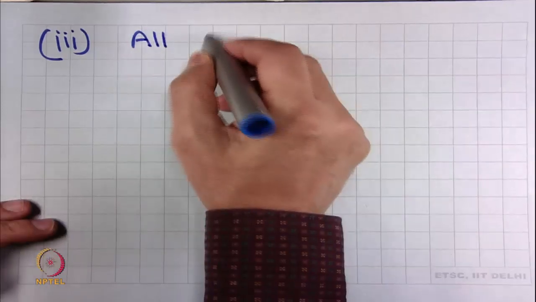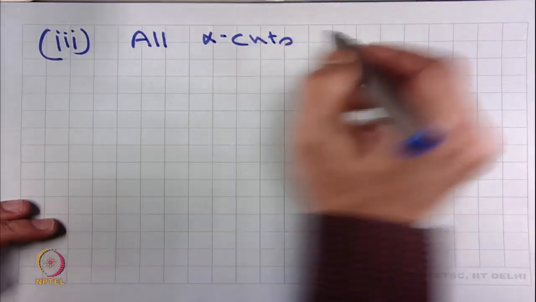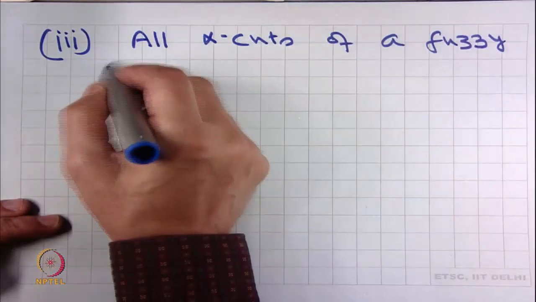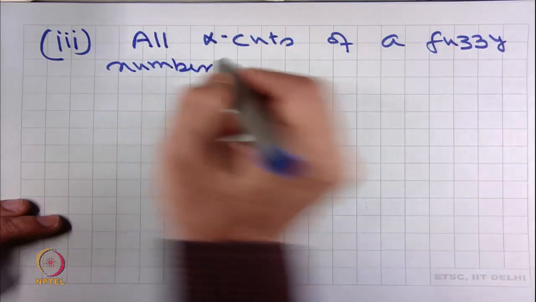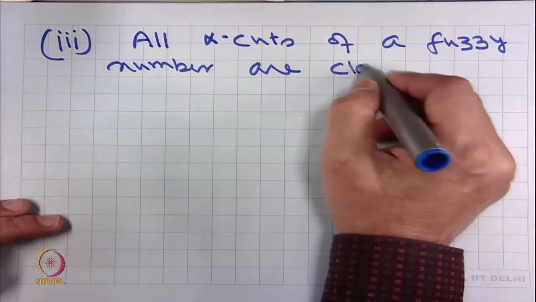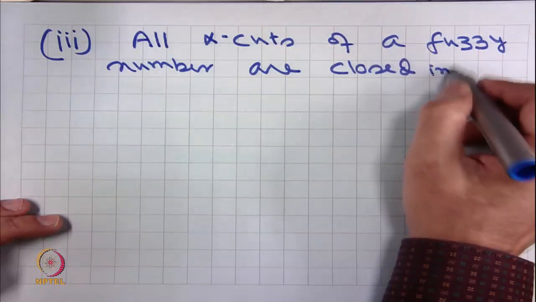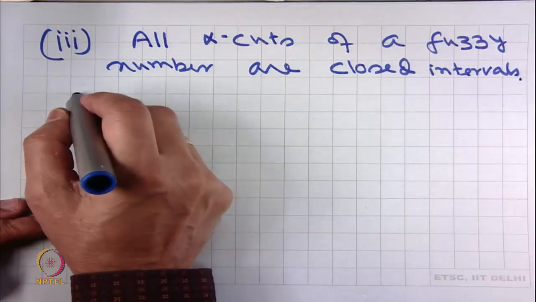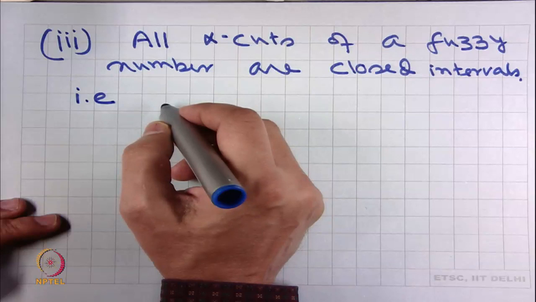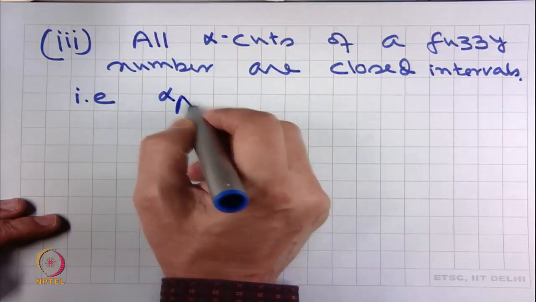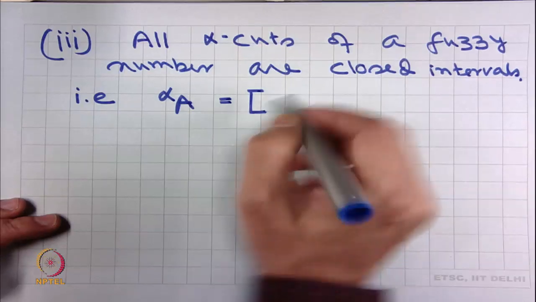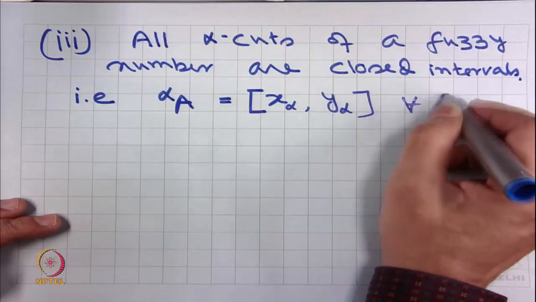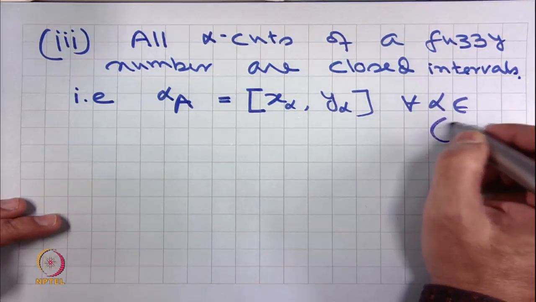And the third property is all alpha cuts of a fuzzy number are closed intervals. That means alpha A is equal to x alpha to y alpha for all alpha belonging to 0, 1.